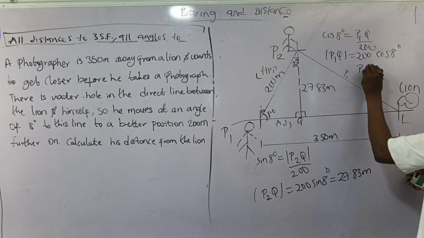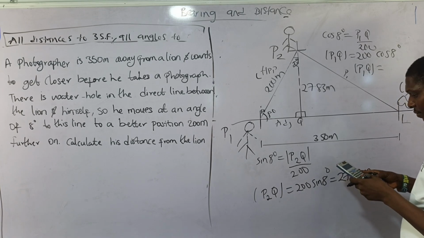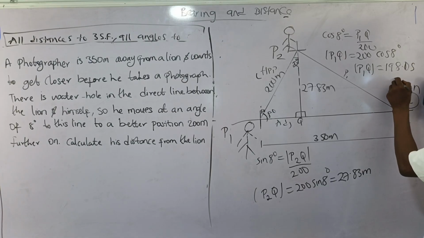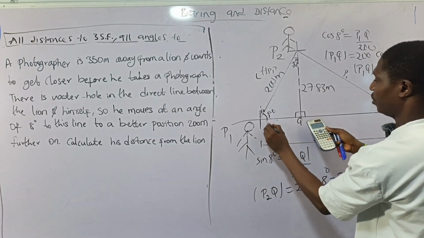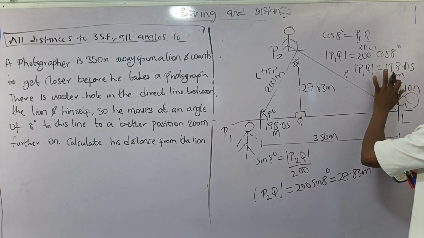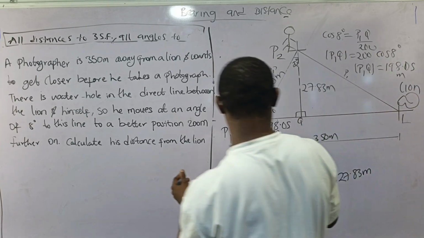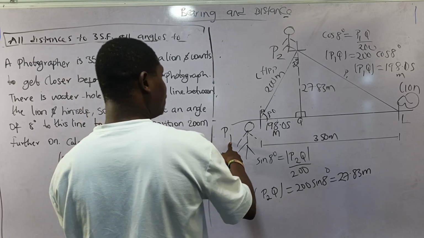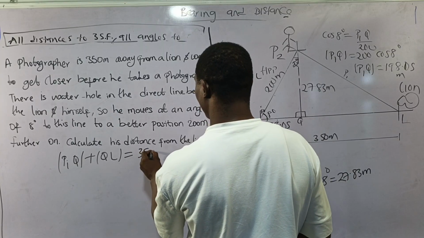So P1Q will be equal to 200 cos 8, giving me 198.05 meters. So I've gotten this P1Q, 198.05 meters. Now I've gotten this, and you agree with me that P1Q plus QL will be equal to the total distance, 350 meters.